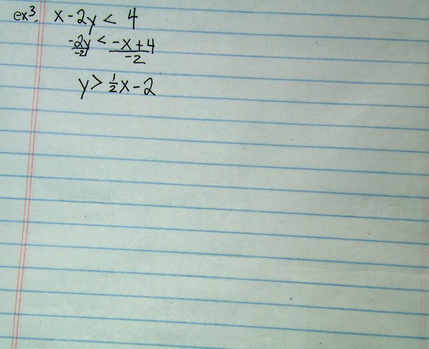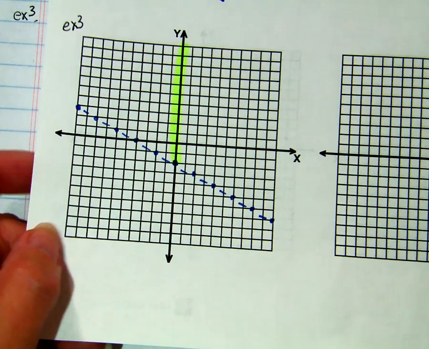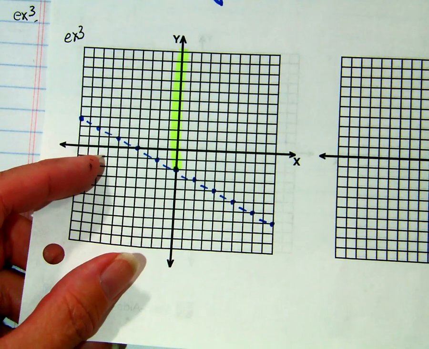Solid line or dash line? It's another dash line. Figure out where to shade. And that's the part that's above the line, isn't it?